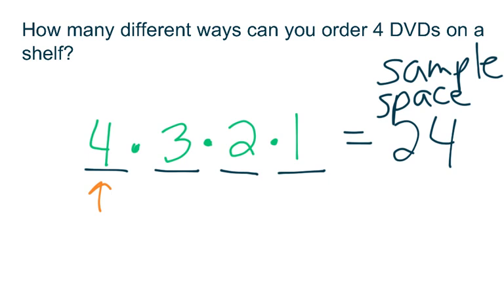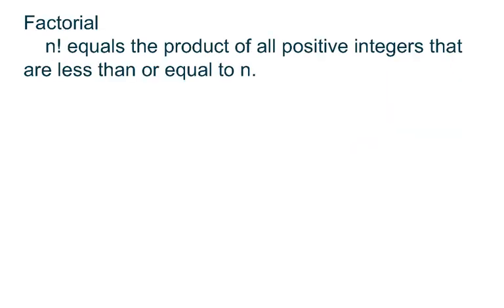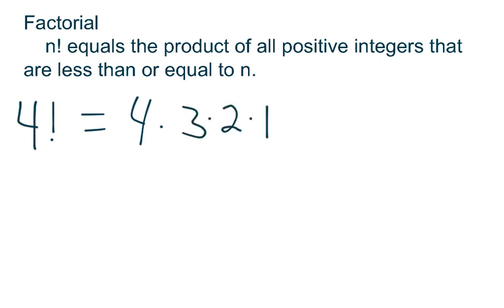Now what we've done here is actually a factorial. A factorial is written as n exclamation point, and it equals the product of all positive integers that are less than or equal to n. So what we just did to determine the number of different arrangements of DVDs on the shelf was 4 factorial. It looks like just a very excited 4, but what it actually means is 4 times 3 times 2 times 1.